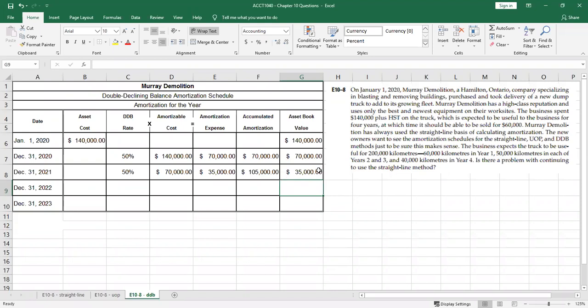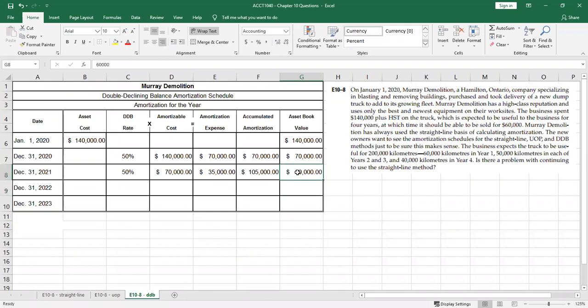Well, at this point, at the end of 2 years, we have an asset book value of $35,000. Why is that? Well, that's because the double declining balance method accounts for so much amortization expense at the beginning of its life. But here's the thing, the asset book value still cannot fall below $60,000.